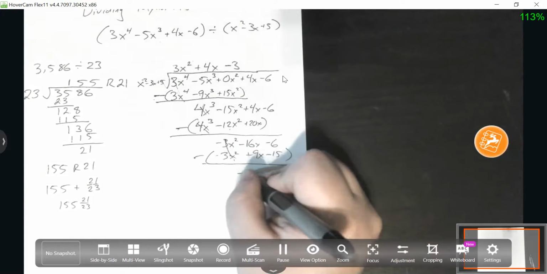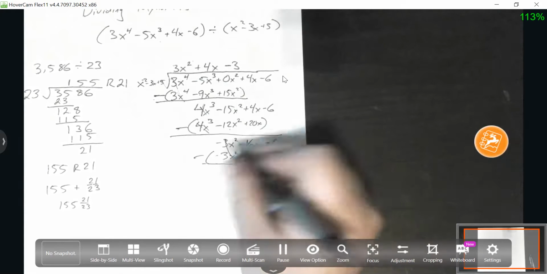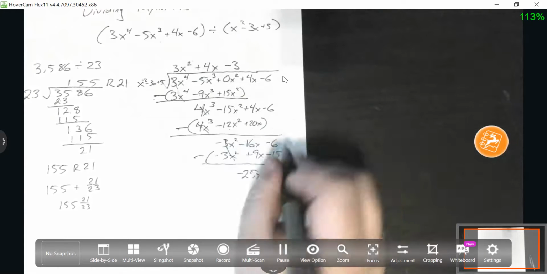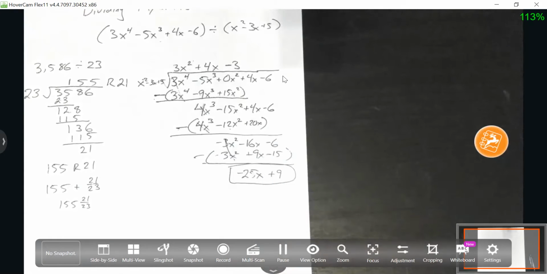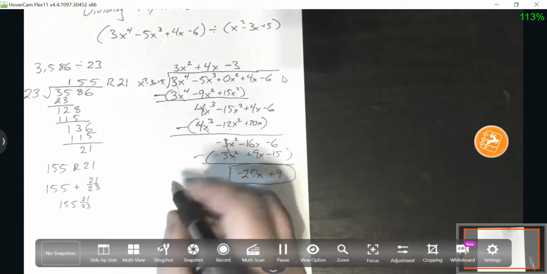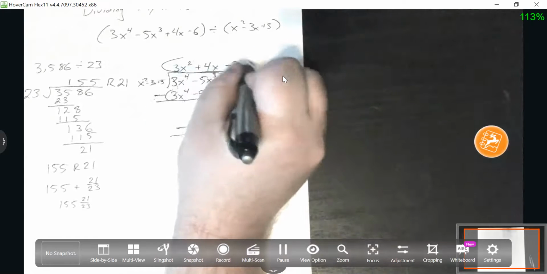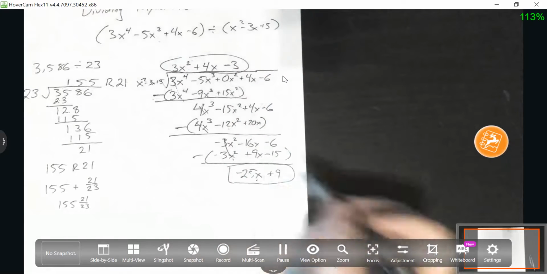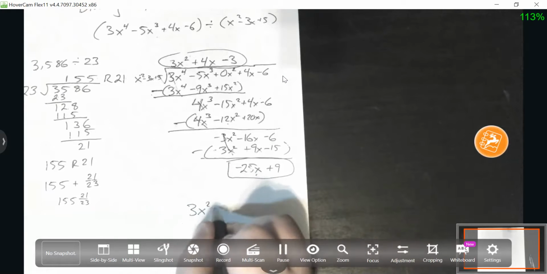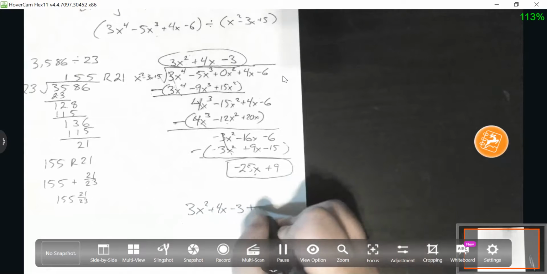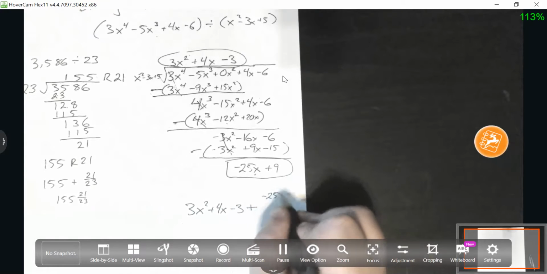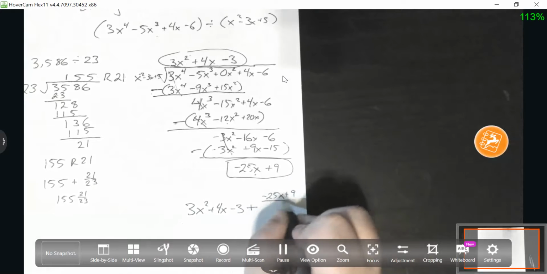Negative 16 minus 9 is negative 25x. Negative 6 plus 15 is plus 9. That would be my remainder. So my answer is this thing up here with this as the remainder. I'd have 3x squared plus 4x minus 3 plus, and we're going to write it as a fraction.